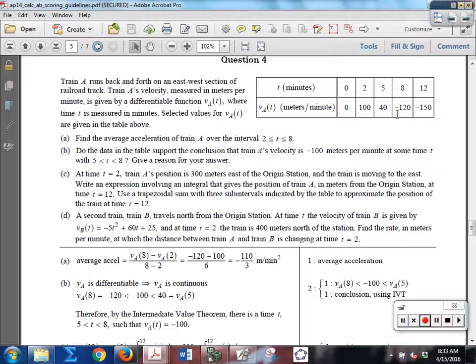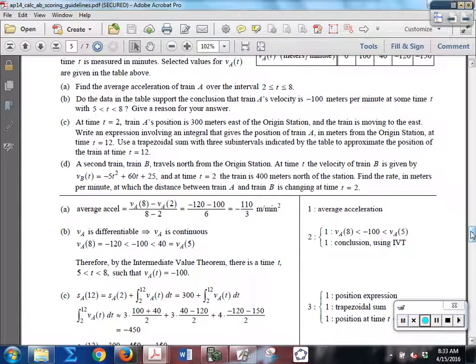So at time 2, it is 300 meters to the east, and the train is moving to the east. Write an integral expression that gives the position of the train. You're at 300 where it was at time 2, and we're trying to find where it's at time 12.